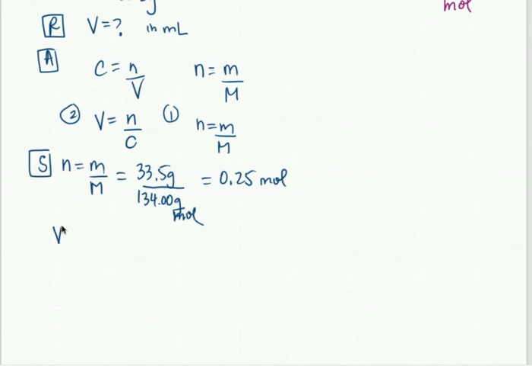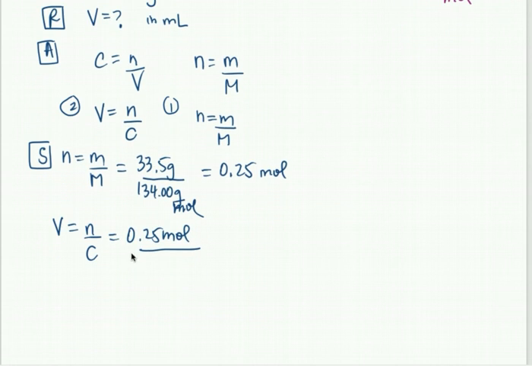Step 2 is now to use this formula to calculate the volume. So we have our amount in moles divided by our concentration, which is 0.1 mole per liter. And that gives us a volume of 2.5 liters.